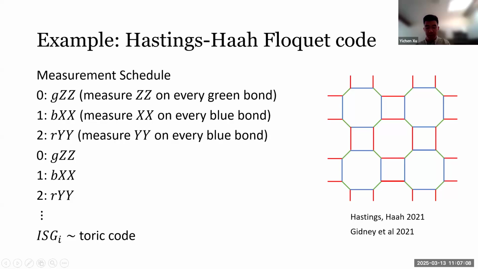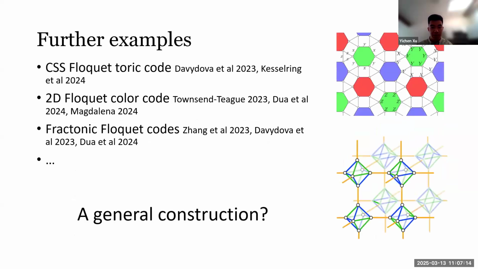It's been a few years now since Hastings and Haah proposed their protocol, and we've seen a lot of recent developments of other examples where ISGs are different. We've seen other examples coming from different groups, which include a CSS version of the Hastings-Haah code, which only involves X and Z pairwise measurements.